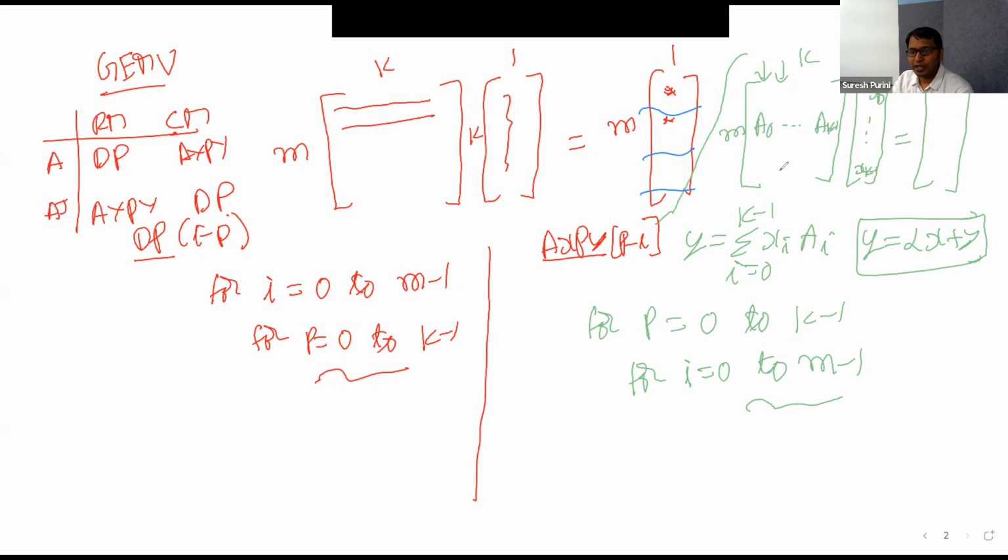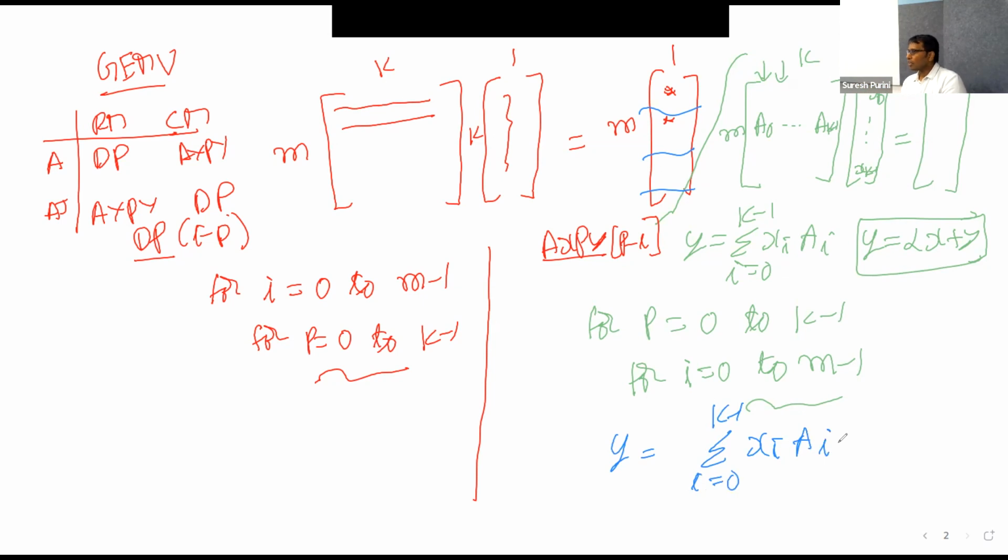One way of looking at it is, you may think it is possible because, for example, this is the summation that we have: sigma i equals 0 to k minus 1 of x_i a_i. If there are 10 threads, you can divide this summation into 10 parts, and each of the threads can do the summation separately, and finally it can be accumulated.